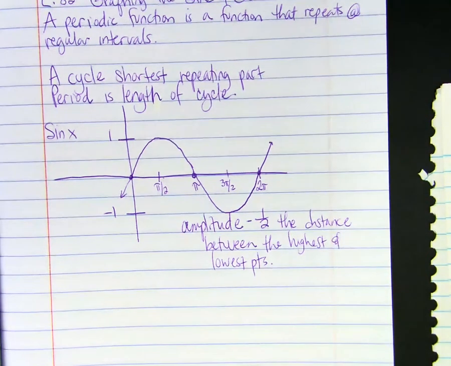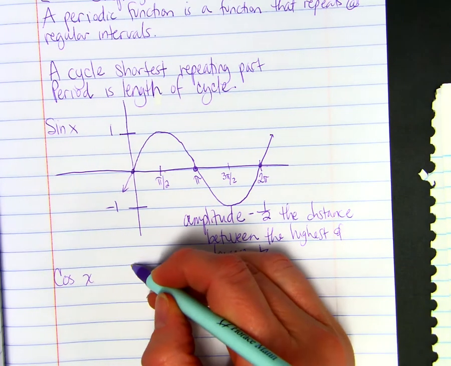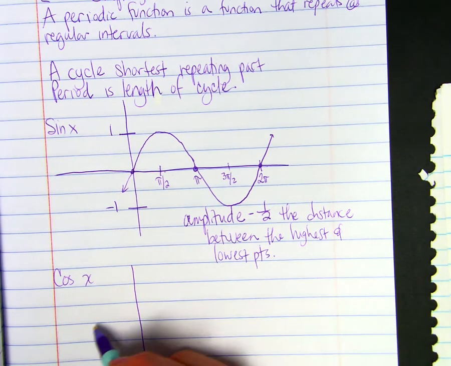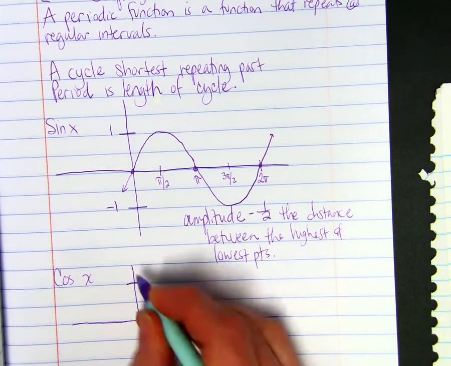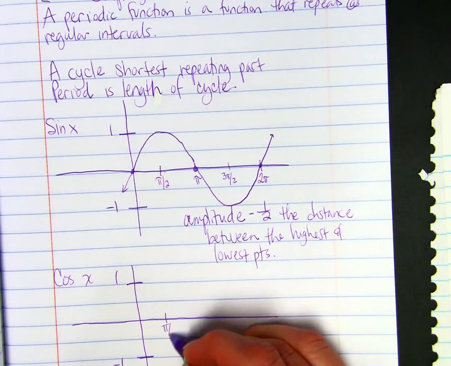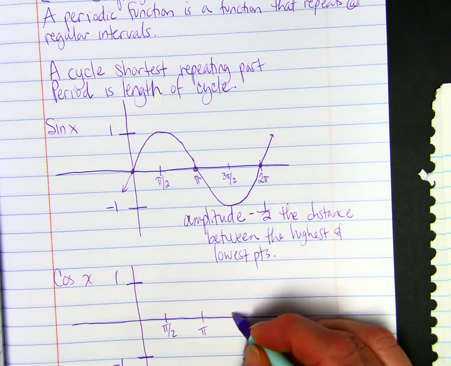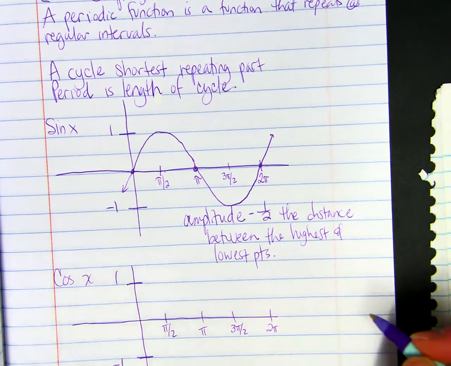So to do the cosine of x, make that 1, -1, again go by pi halves, pi, 3 pi halves, and 2 pi.